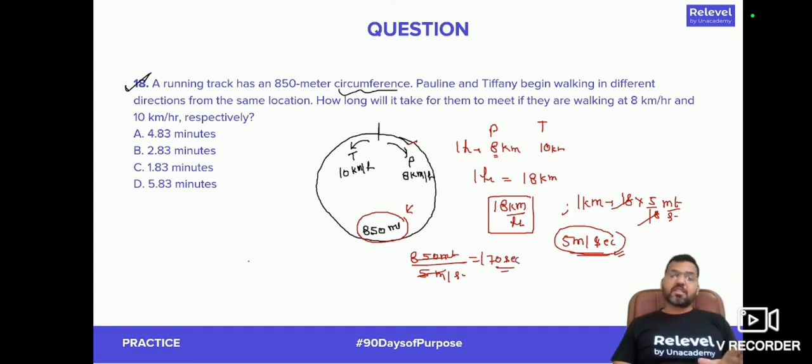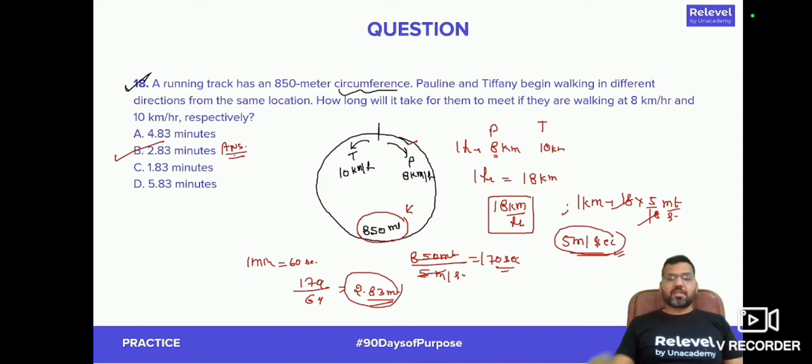Because 1 minute is 60 seconds, 170 seconds would be 170 upon 60, which is equal to 2.83 minutes. Because you're supposed to find the answer in minutes, simply divide it by 60 to convert your answer to minutes. B is going to be the correct answer of the question.